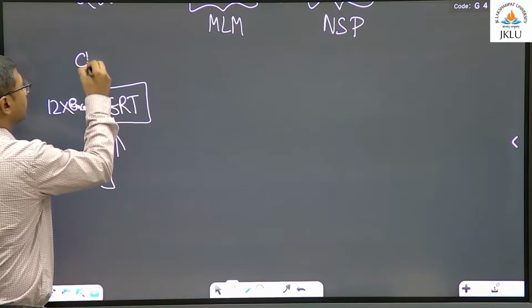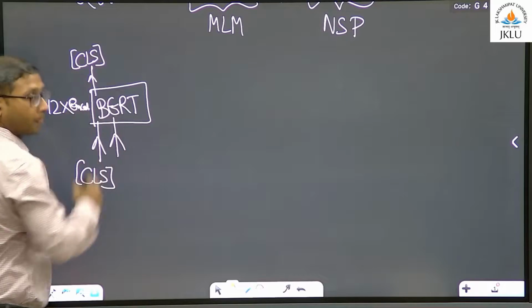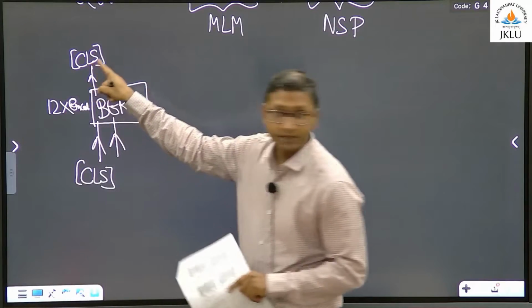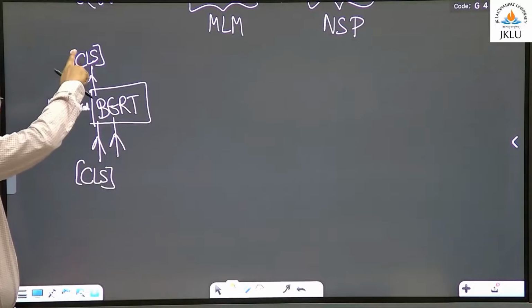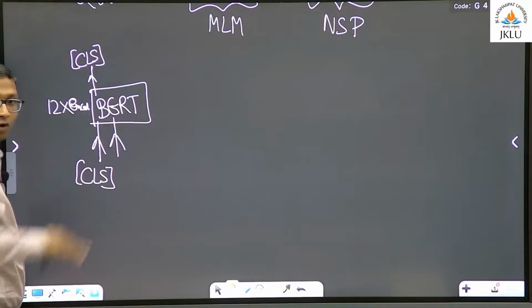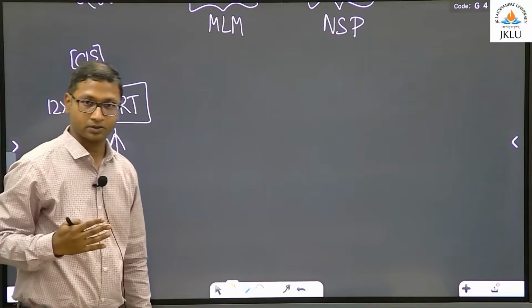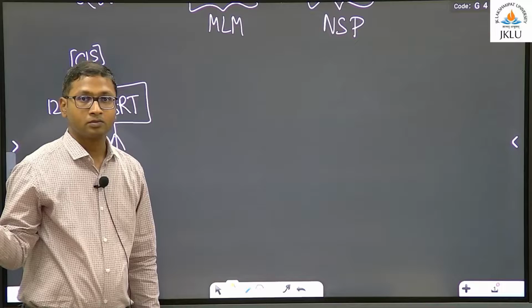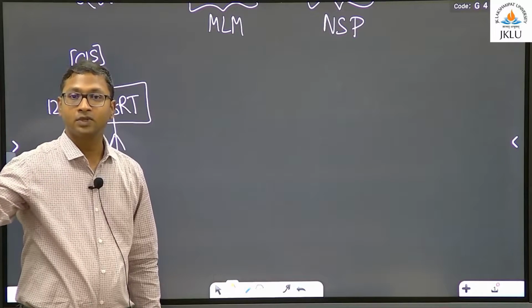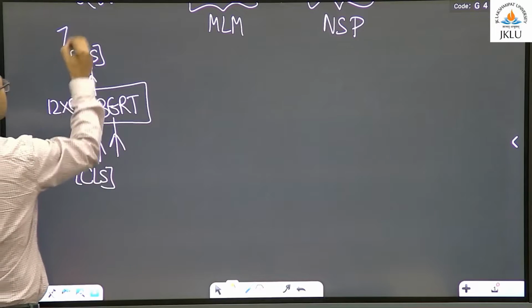You will have CLS here as well. What are the dimensions of CLS up there after passing through all the 12 layers of encoders? 768 cross 1, there is not much to think about there.